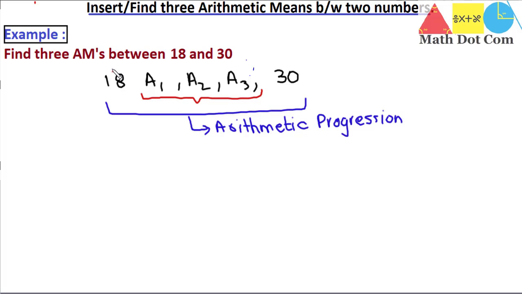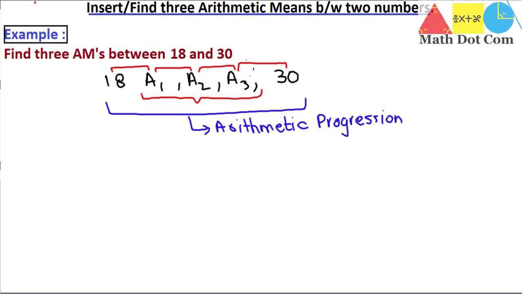The difference between each pair of consecutive terms must be constant. In that case, the given sequence will be in arithmetic progression, and the numbers that we will find between 18 and 30 will be the arithmetic means.